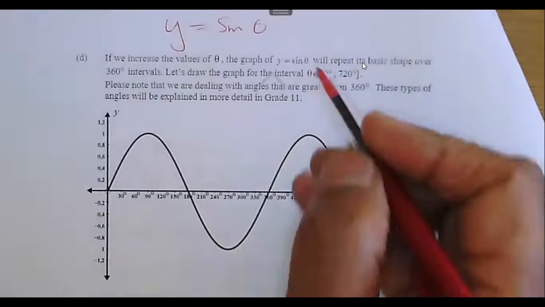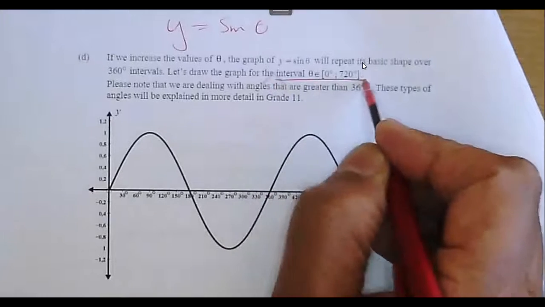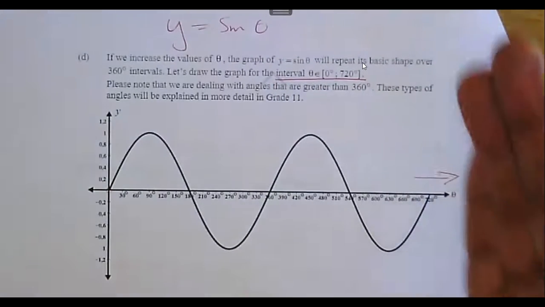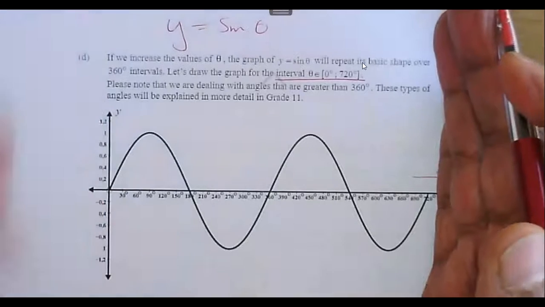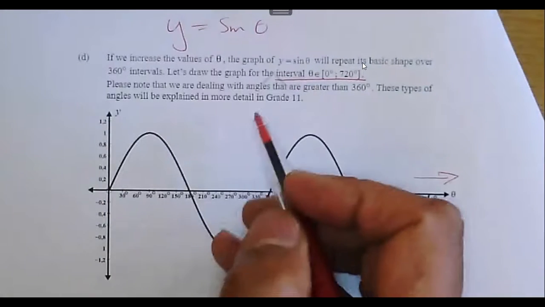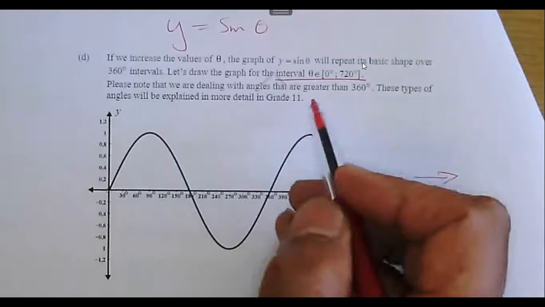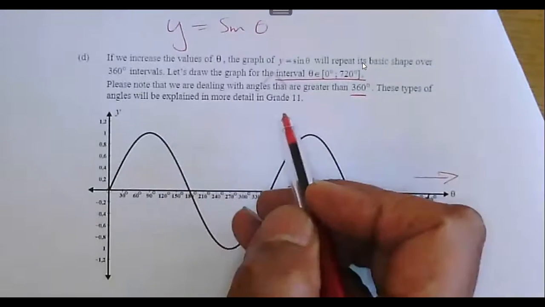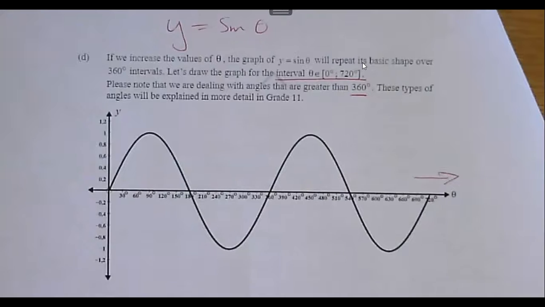Like in this example, the interval is between 0 and 720. So what you see is called the interval. Is that clear, guys? And note that we are dealing with angles that are greater than 360. These types of angles will be explained further in grade 11.